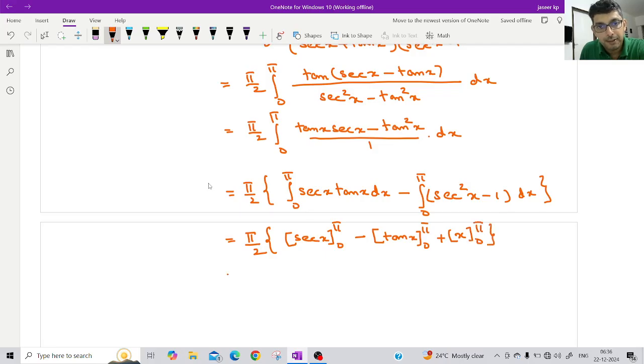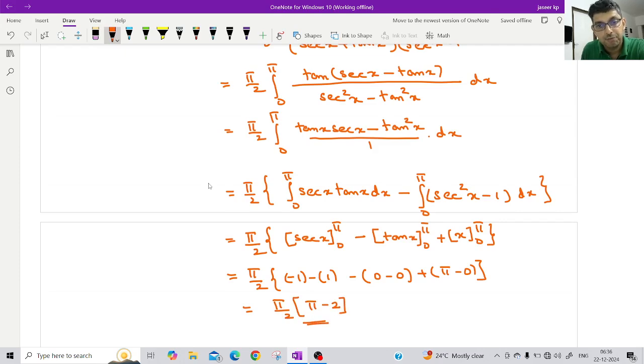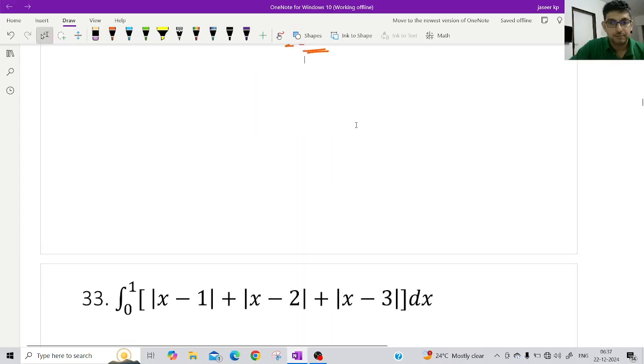Now if we apply the limits, pi by 2, secant pi is minus 1 minus secant 0 is 1, minus tan pi is 0, tan 0 is 0, plus x, pi minus 0. So that means pi by 2, there is a pi here, minus 2. So this is the answer for this particular problem.